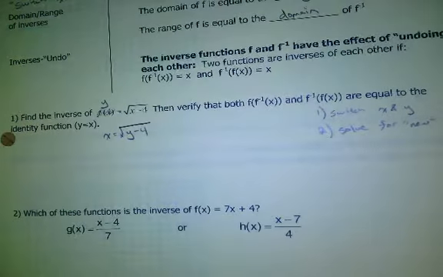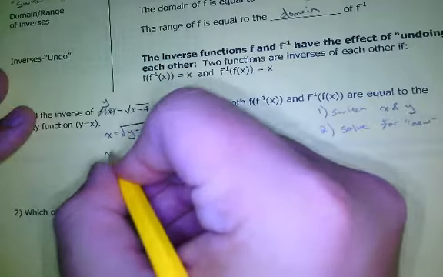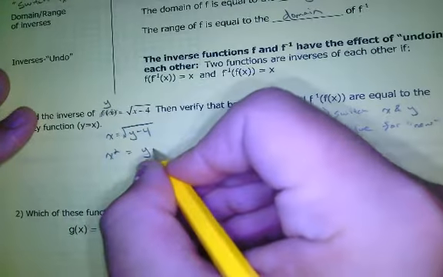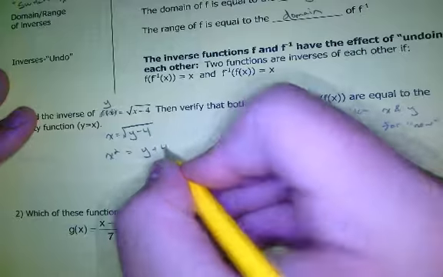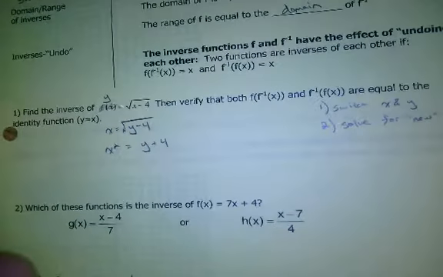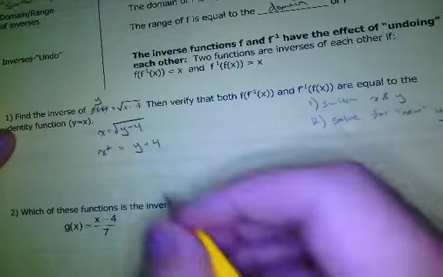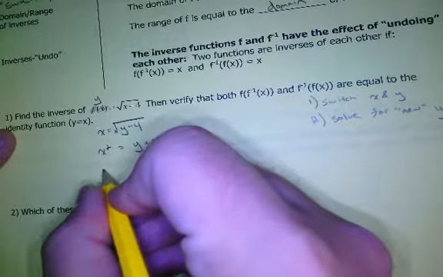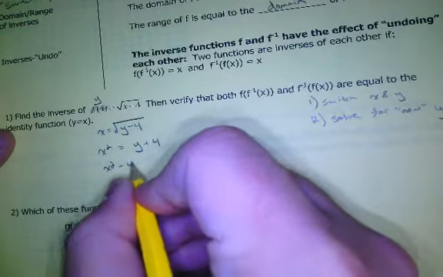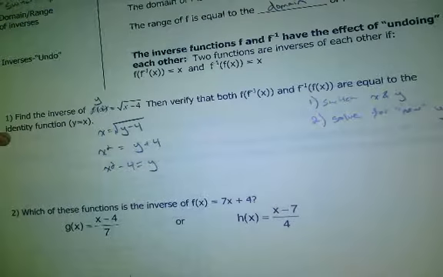So we're going to solve for the new y. What's the inverse operation of a square root? Squaring. You're going to square each side, so you get x squared equals y plus 4. Now you're just going to subtract 4, so you get x squared minus 4 equals y.